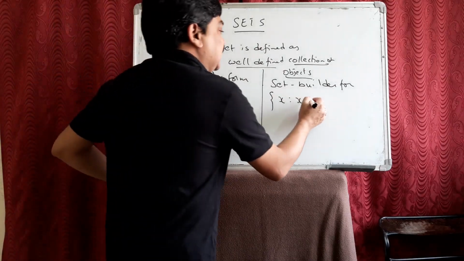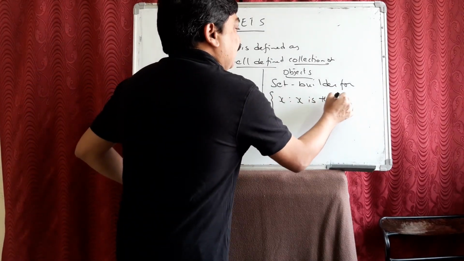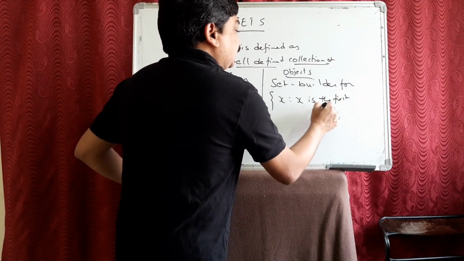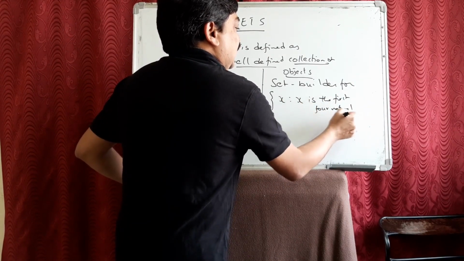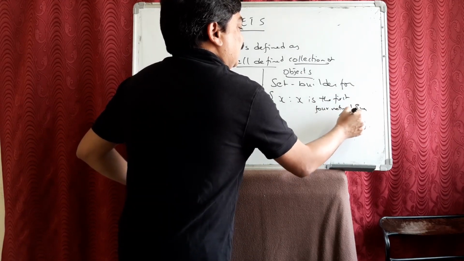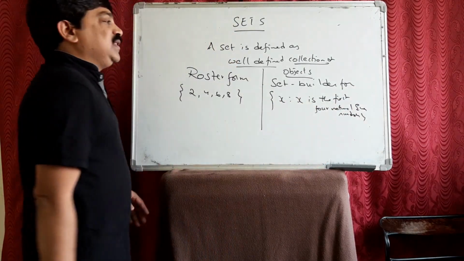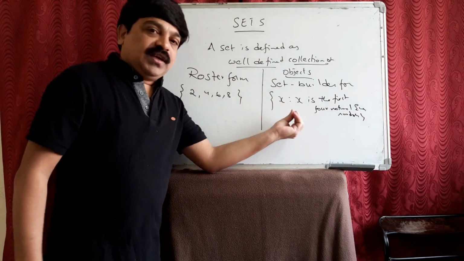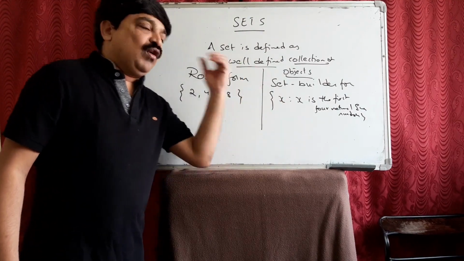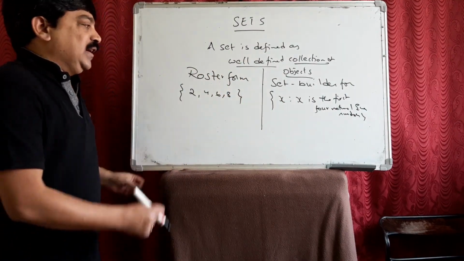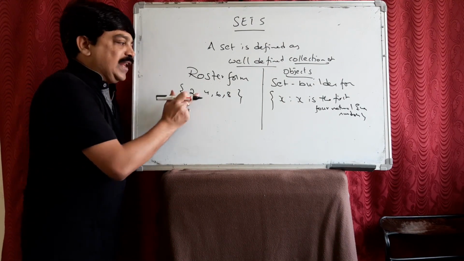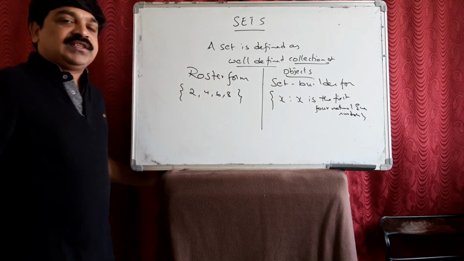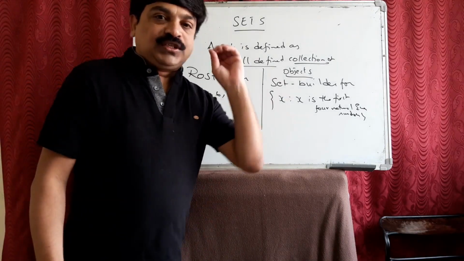The action done by these numbers is x is the first 4 natural even numbers. So the same set. That means expressing with a variable is a set builder form, and writing down all the numbers separately, or all the elements, we call these elements, separately is called a roster form.